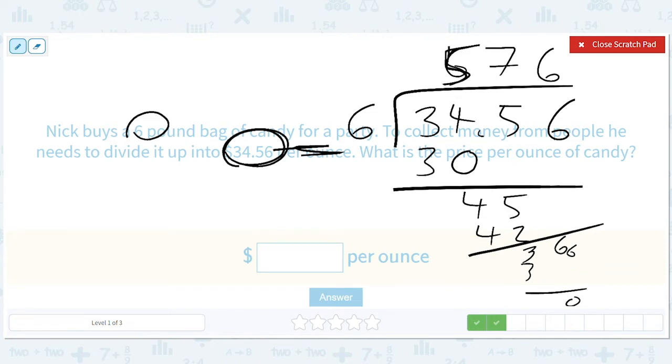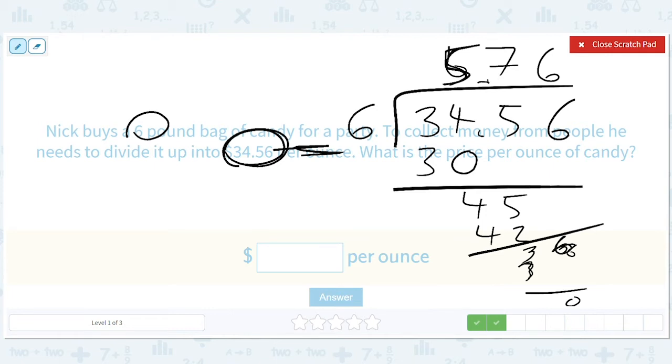Okay, so it should be $5.76 per pound. We'll just check the math there so we don't make a mistake and have to do it over. 42, and then we get 36 here. We subtract 36, we get 0. So yeah, so it should be 576.